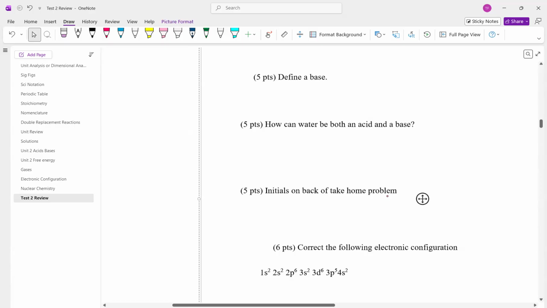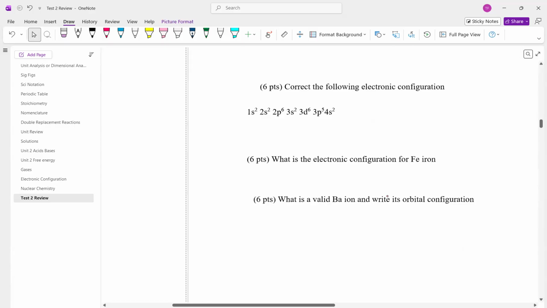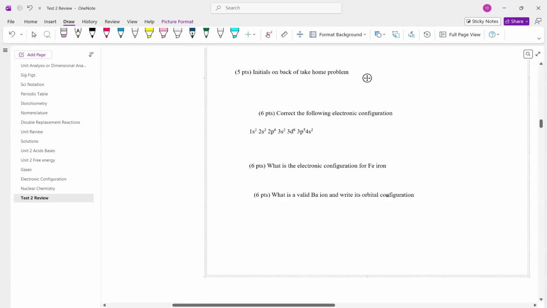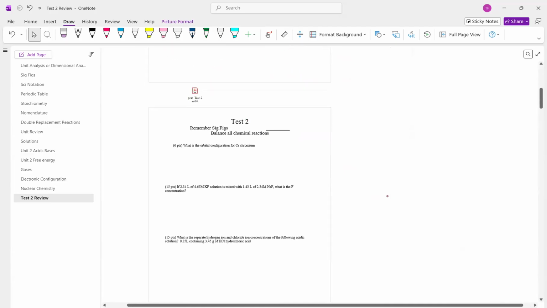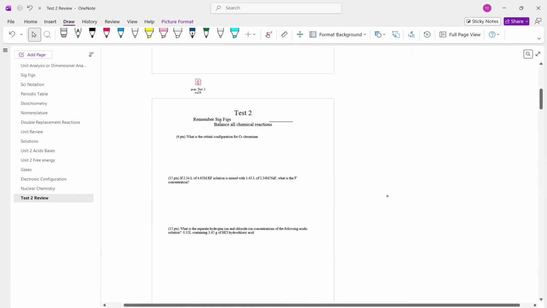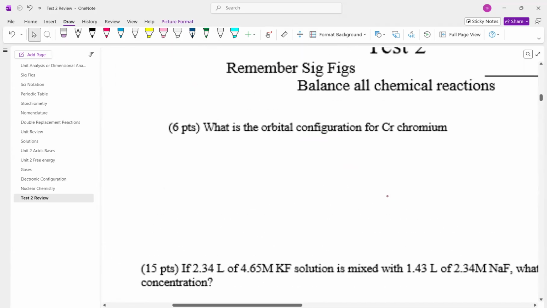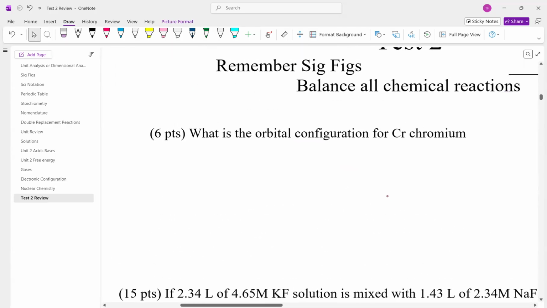The second page. Before the 6 days, there's a balance. What is the orbital configuration from here? Okay, so you've got to locate where chromium is located in the periodic table. So how far in is it into the d's? 4, okay.